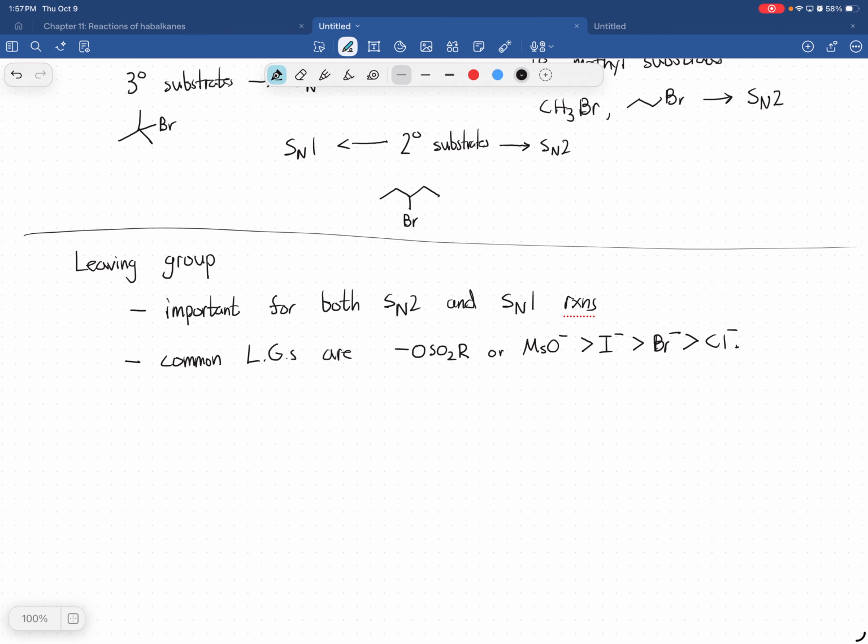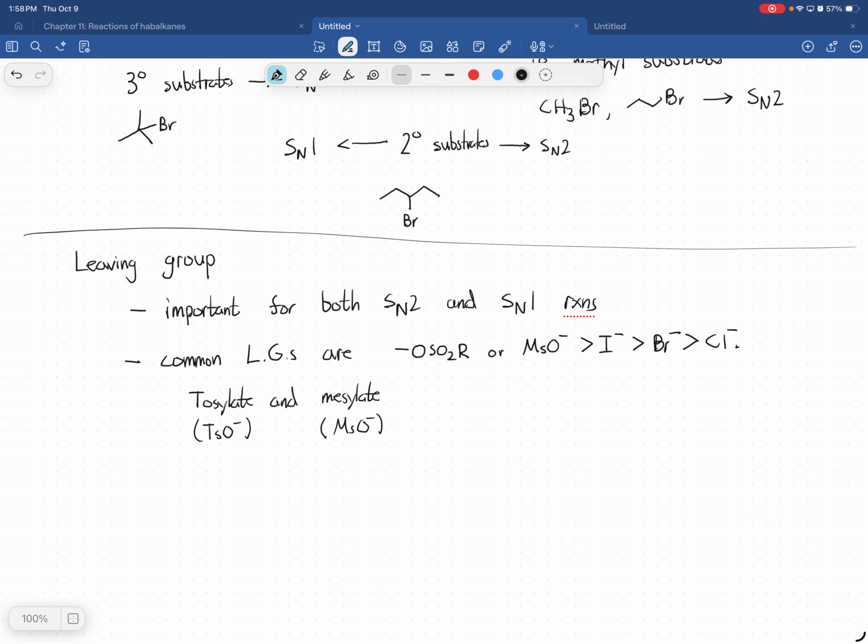So tosylate, remember, this was TsO minus. It looks like the first sulfonate, but it has a benzene ring in it. And mesylate is when it's just a methyl group, MsO minus.